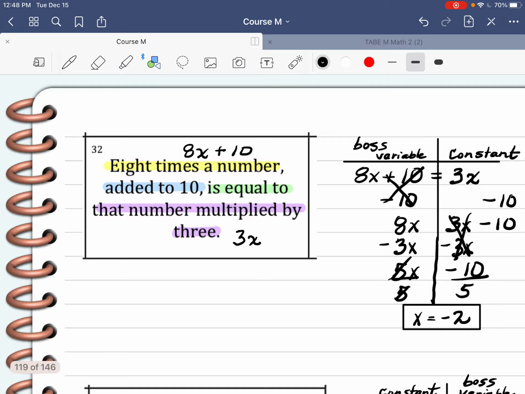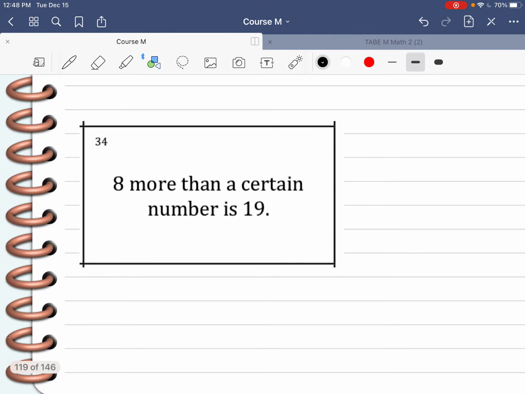Number 34. Whoops. Okay. I have 8 more than a certain number is 19. A certain number, that's the x. 8 is just plain 8. It's constant. More means add, and than means to reverse.